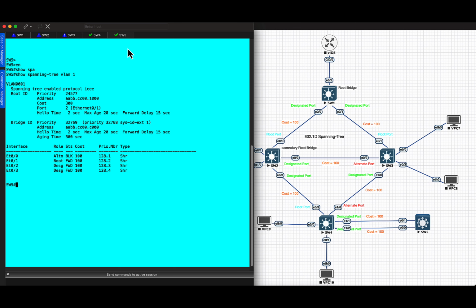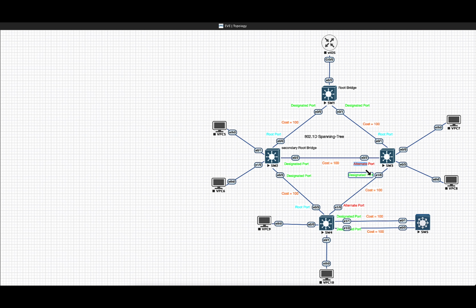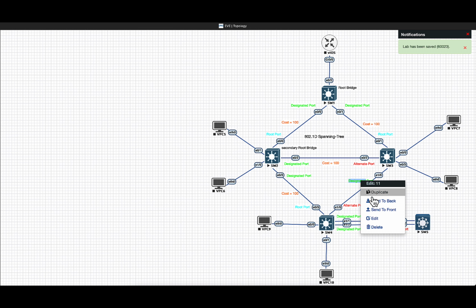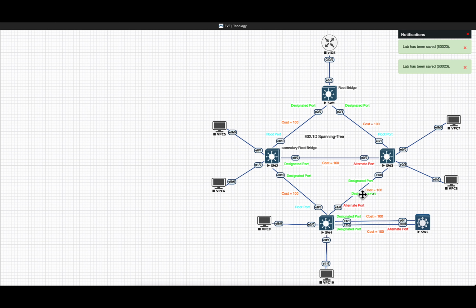So what do we have here? You can see switch 5 decided that this interface is blocked or designated, and this interface is the root port.